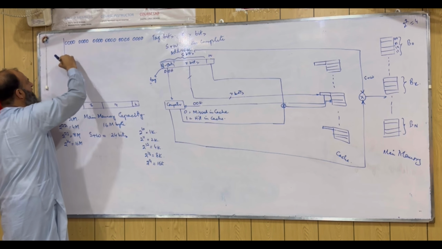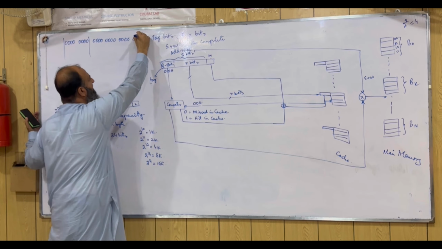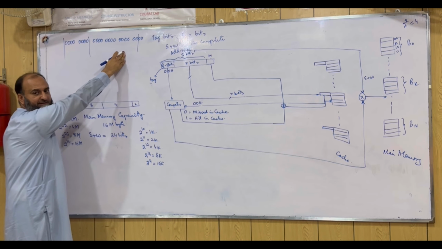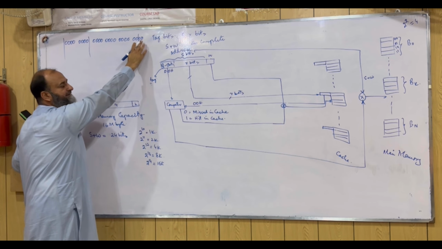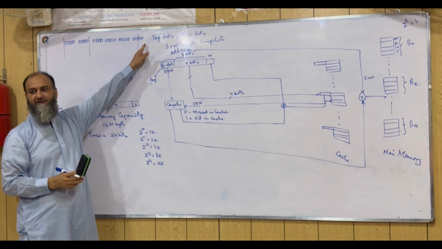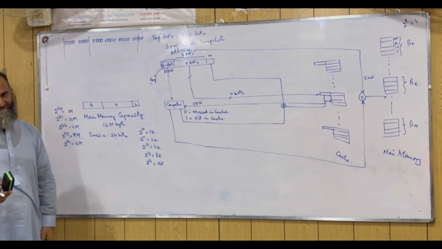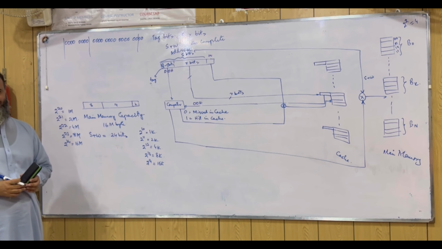You see that this portion is said to be the tag, and this portion is the line number, and the last two bits are representing one of the bytes within the block या line के अंदर.